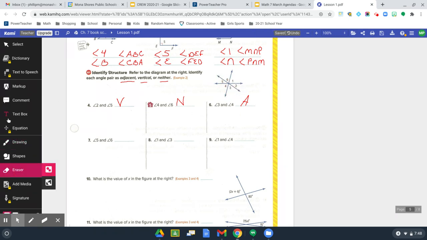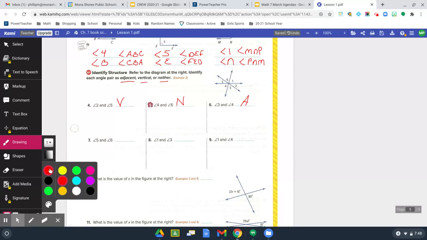Let's look at number 7, angles 5 and angle 6. Angles 5 and angle 6. Yep. Those are also adjacent. They're right next to each other. Again, share that common ray. Don't overlap.